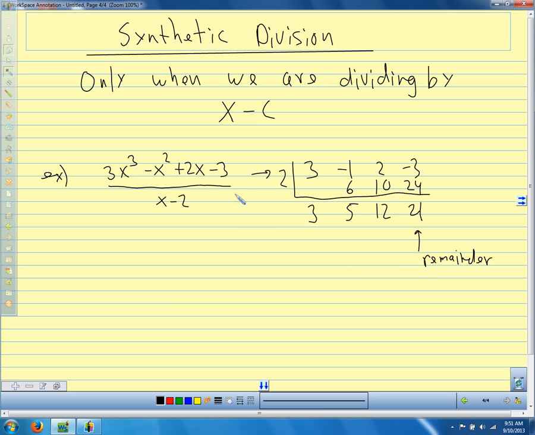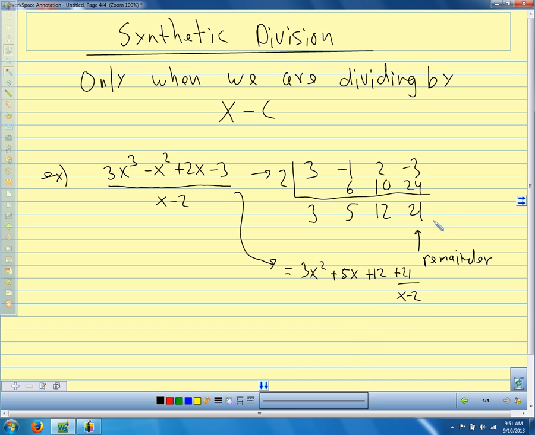So that tells me that this quantity equals, my power is reduced by 1, 3x squared plus 5x plus 12 plus 21 over x minus 2.